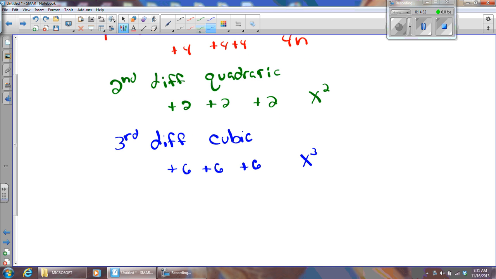All right, and then when the differences, ooh, that looks ugly. Let me get rid of that.